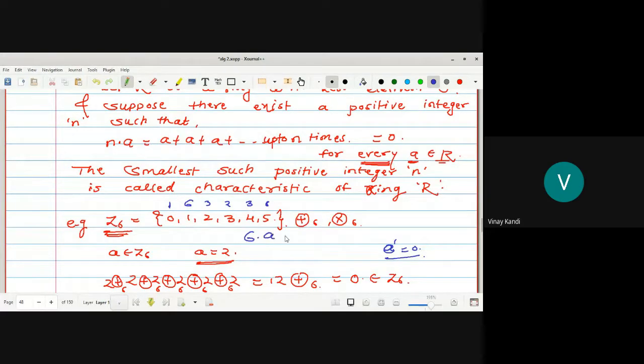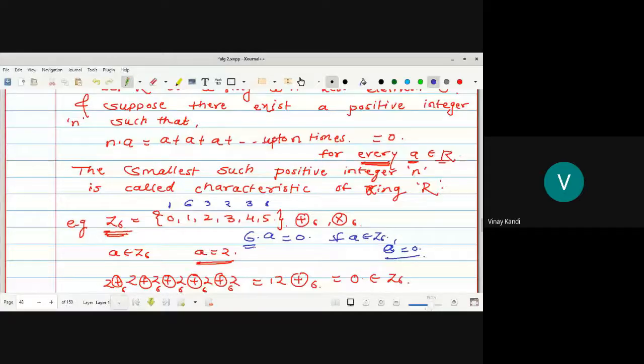For any smaller positive integer, we can't get n into a equal to 0, so 6 is the least positive integer. Hence, 6 is the characteristic of the ring Z6. And for any Zn, n is the characteristic of Zn.